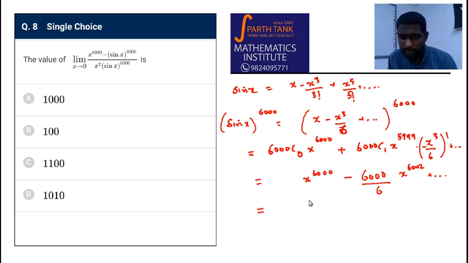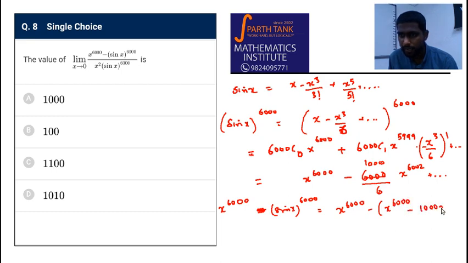So if I use only these three terms, and this is nothing but 1000, the numerator x raised to 6000 minus sin x raised to 6000 is x power 6000 minus this whole expression, that is x power 6000 minus x power 6000 minus 1000 x to the power 6002 and higher powers. So I get just 1000 x raised to 6002 and higher powers.